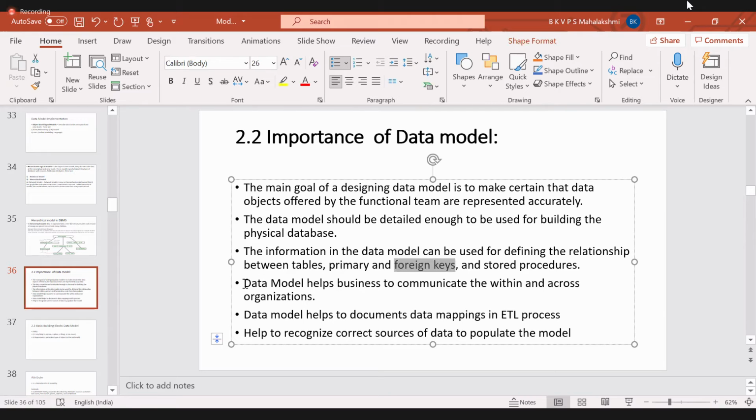And coming to the data model, it helps in the business area a lot. And data model helps to document data mapping in the ETL process. ETL is nothing but extract, transform, and load.